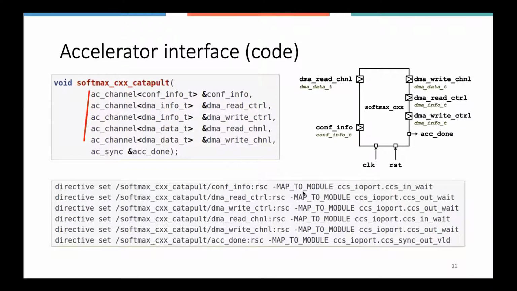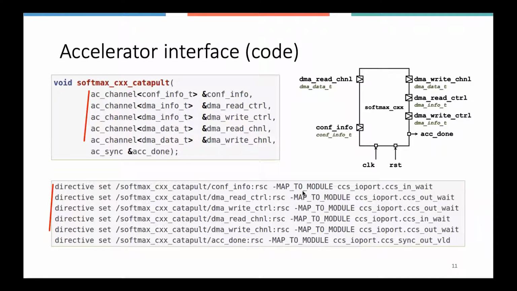When combined with the HLS directive ccs_ioport, ccs_in_wait, it ensures that the data is properly synchronized at the interface via a latency-insensitive protocol. Catapult adds the proper handshaking signals to the RTL netlist in the form of ready, valid, and data signals.